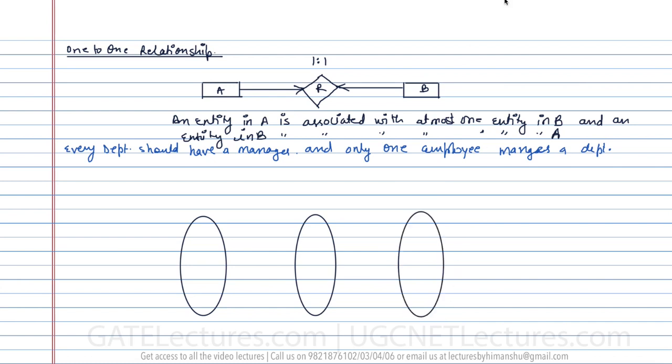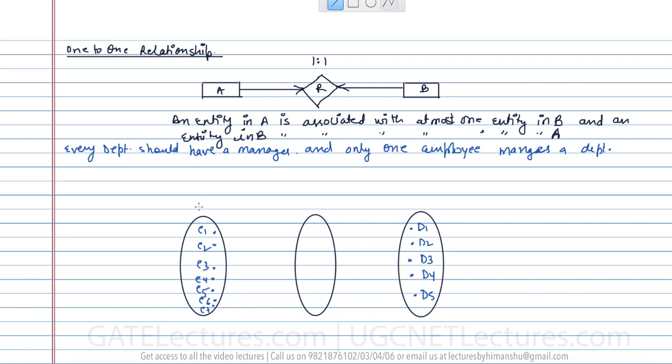Okay, so we have the employees, which are E1, E2, E3, E4, E5, E6 and E7. Assume these are the employees. We have the departments like D1, D2, D3, D4 and D5. Now you can see they are saying that every department should have a manager, but only one employee manages a department.